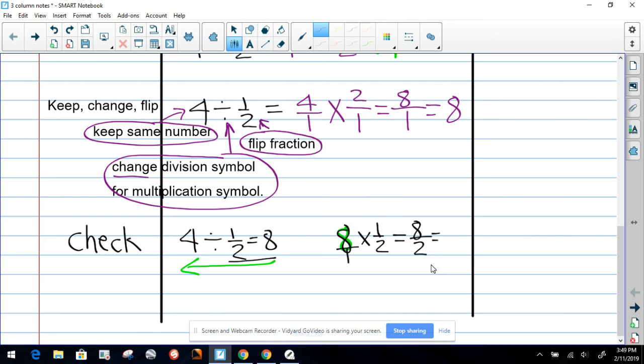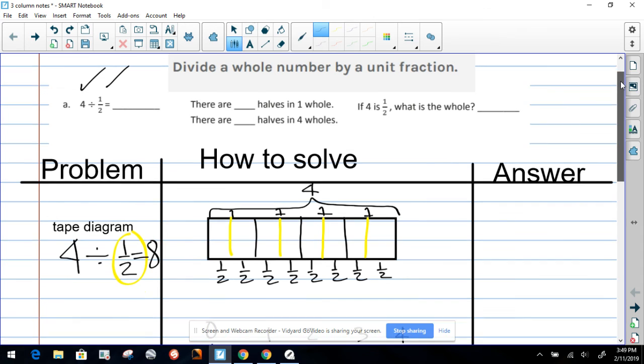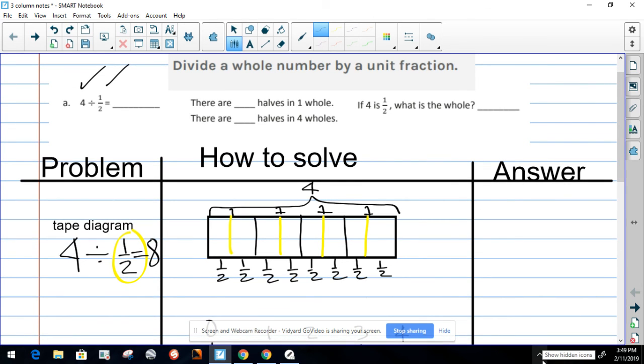So we know that 8 divided by 2 equals 4. If the answer of the multiplication is the same as the first number of the division, our problem was correct. My friends, here's a door to success. Watch these videos and learn all these ways to solve these problems.